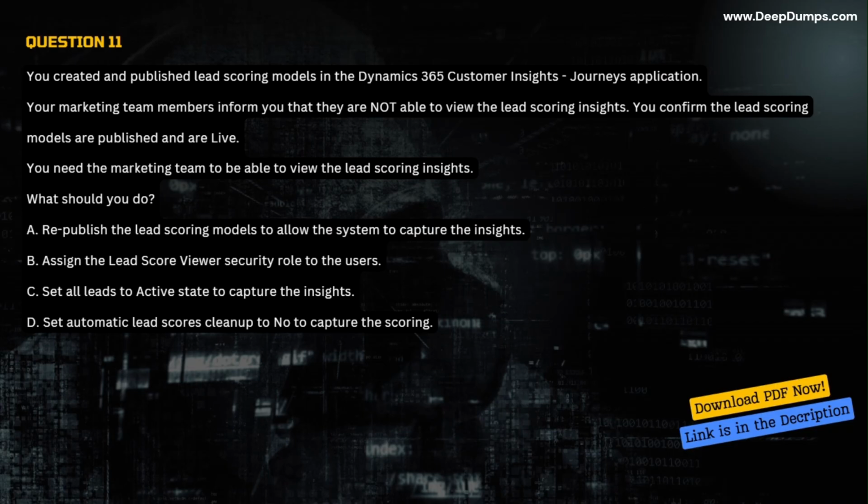What should you do? A. Republish the lead scoring models to allow the system to capture the insights. B. Assign the lead score viewer security role to the users. C. Set all leads to active state to capture the insights. D. Set automatic lead scores cleanup to no to capture the scoring.